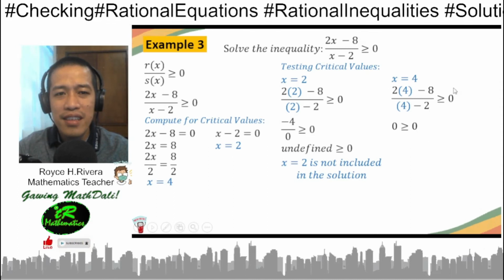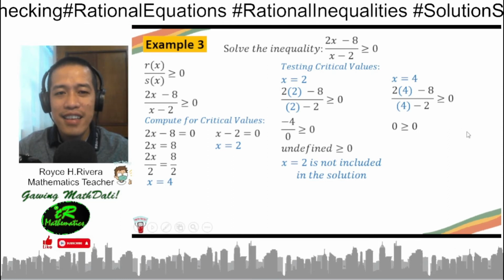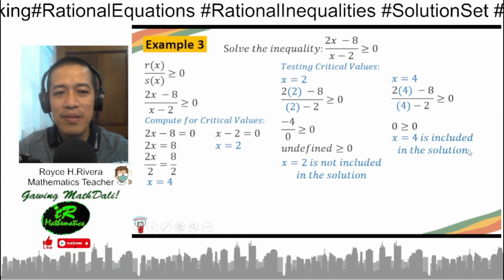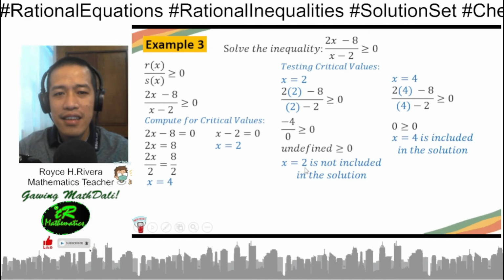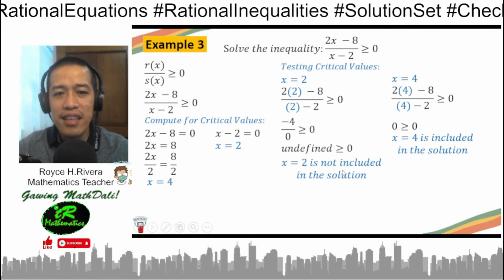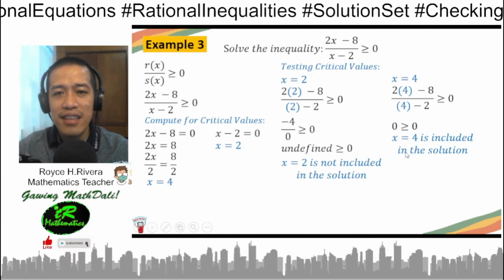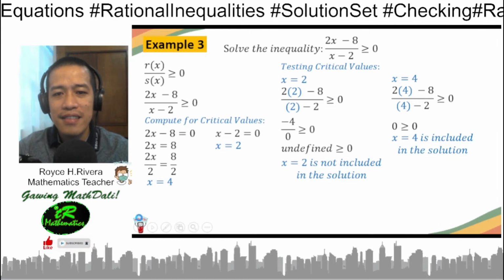So 4 satisfies the inequality. Therefore, x equals 4 is included in the solution. Again, 2 is not included in the solution. 4 is included in the solution. Balikan natin yung number line.